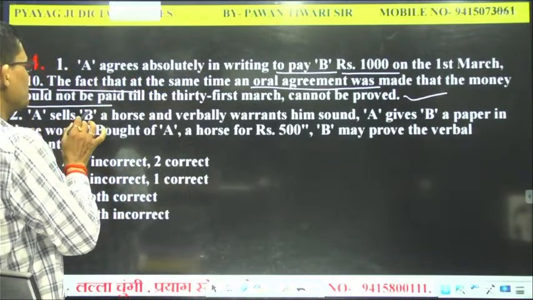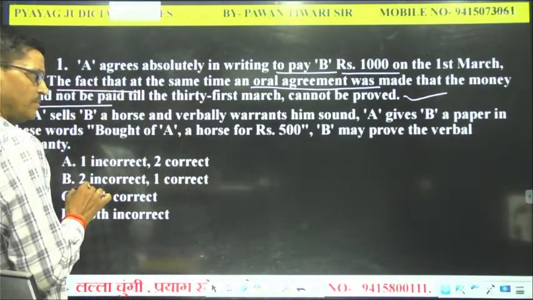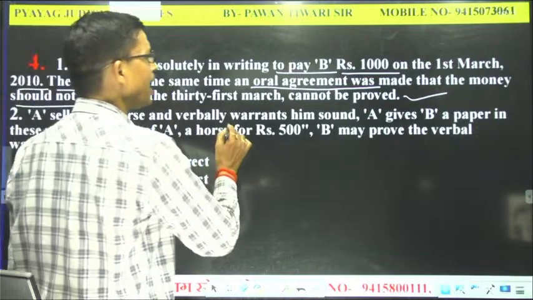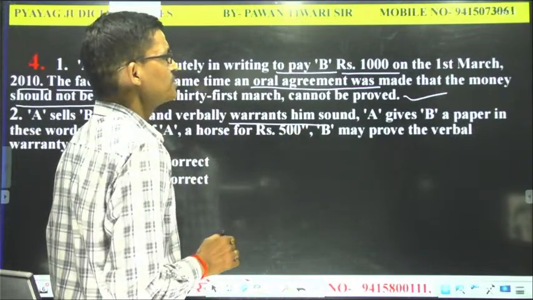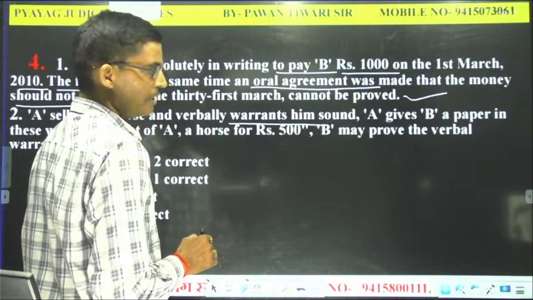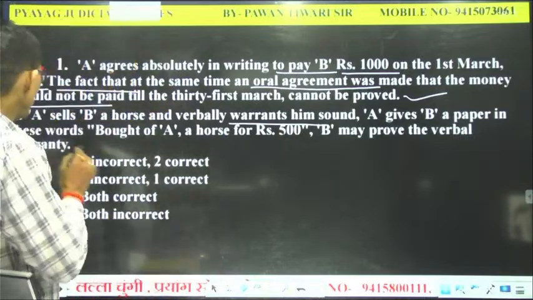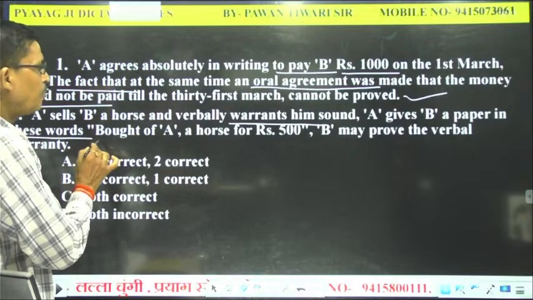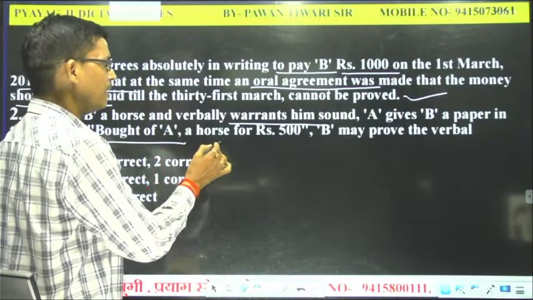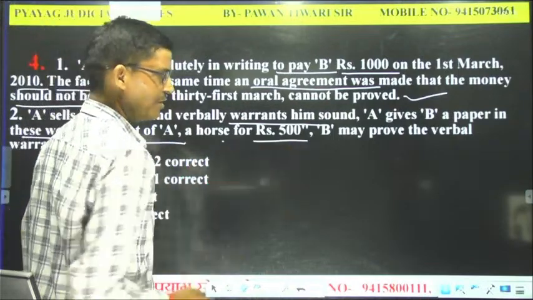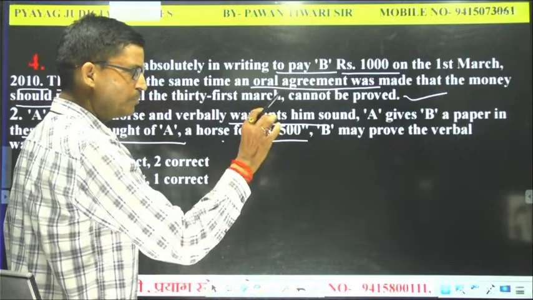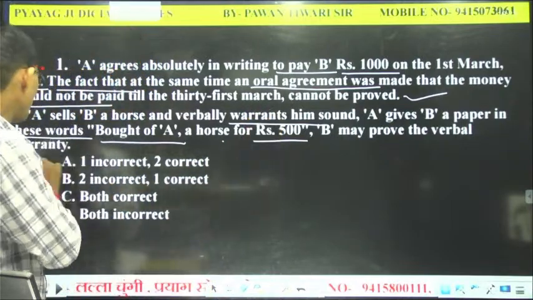A sells B a horse and verbally warrants him sound. A gives B a paper in these words: bought of A a horse for rupees 500. B may prove the verbal warranty.